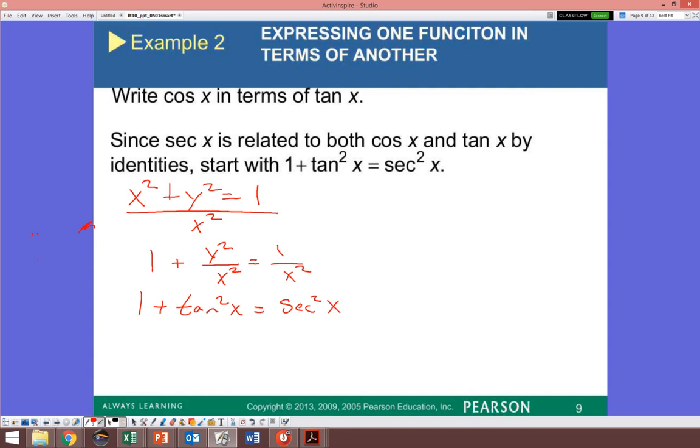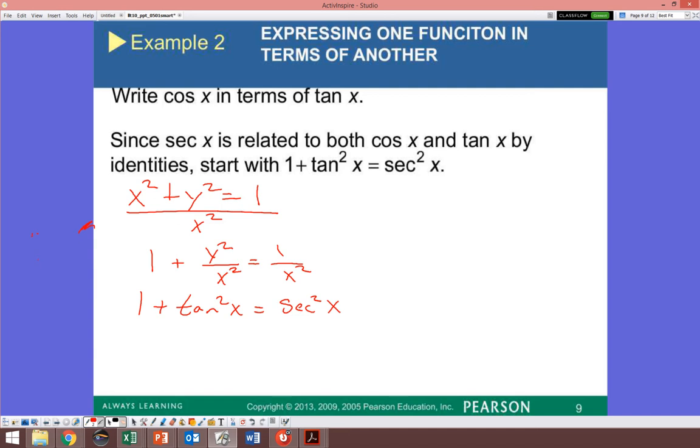Okay? So now I'm going to go through and actually manipulate this whole thing, but I'm going to use this instead. So I'm going to use this right here. We know that this is the same as writing what? 1 over cosine squared.